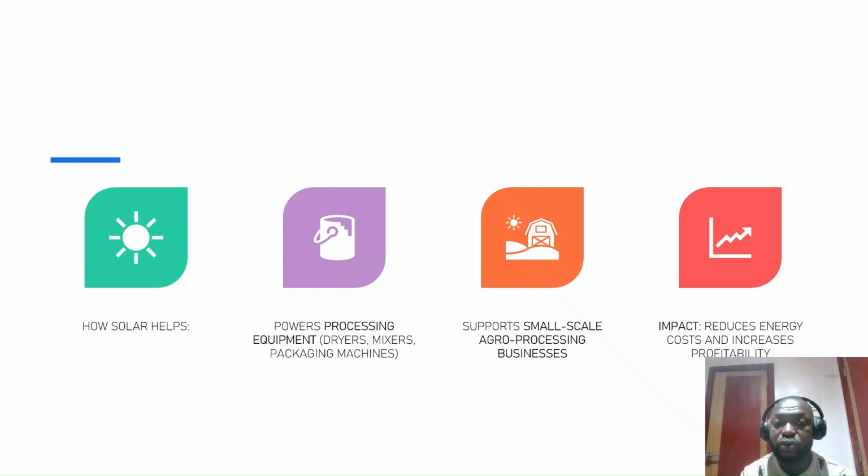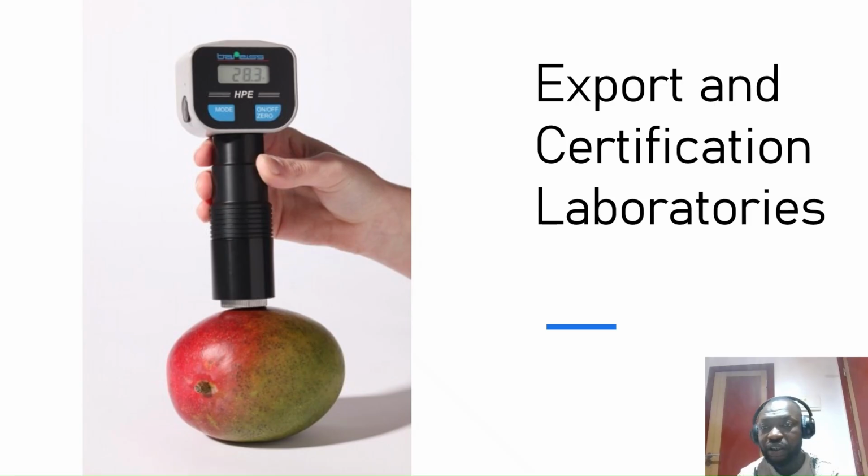Where we are able to have value for money for the products that are on the market, or also for the products that we incur in the business. Of course, there is also the need for export and certification laboratories that do the quality assurance.